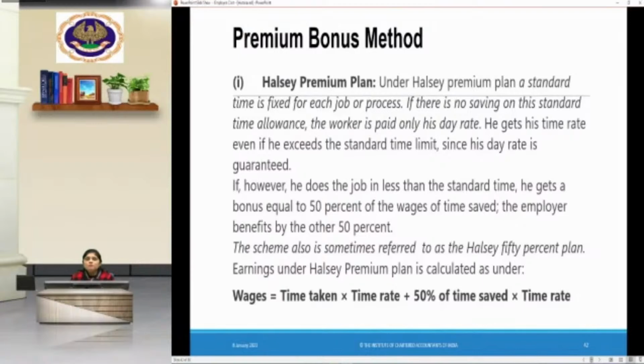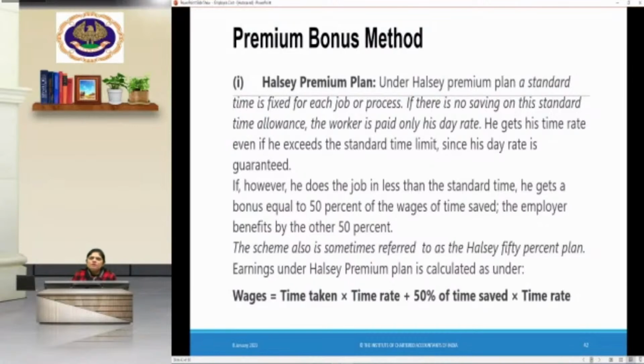Because bonus is paid when you have finished the task in less than the time allowed or the standard time. So if the worker has completed the task in 6 hours, no bonus, of course. He's going to get the time wage, the basic wage, but not the bonus. And if he has finished the work in 4 hours, that means less than the standard time, he has saved 1 hour.